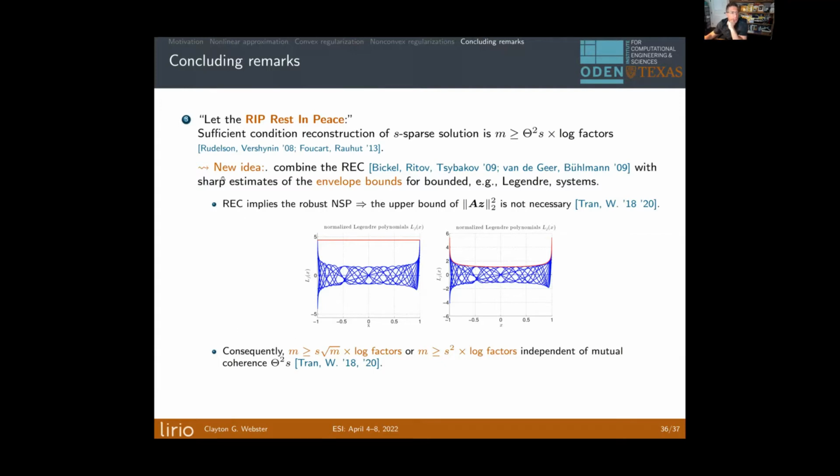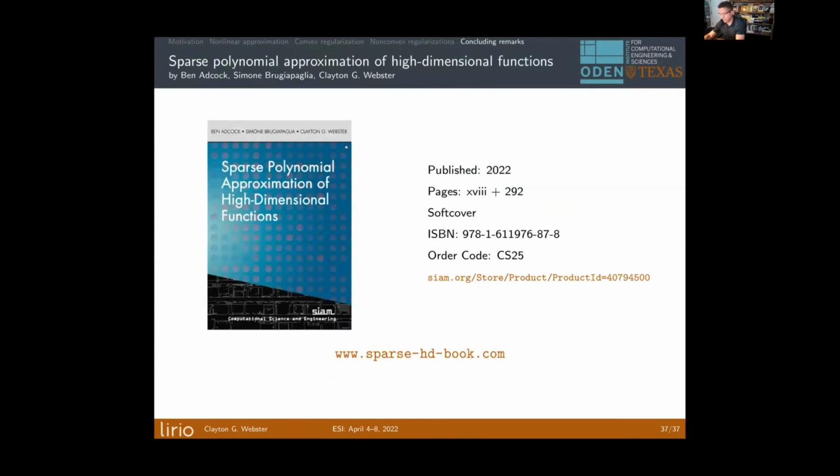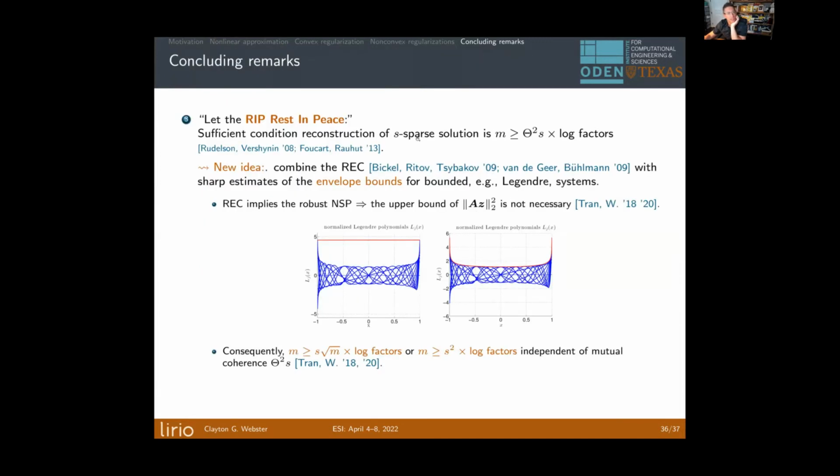So it was shown in the following papers that the sufficient condition for reconstruction of S-sparse vectors, as I showed earlier, is at least the size of the mutual coherence times these log factors. So this is all based on the fact that you have a uniform bound for the basis function.